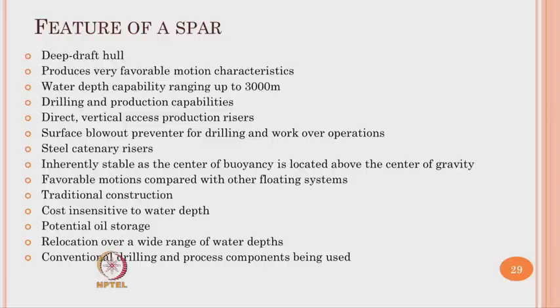It is inherently stable as the center of buoyancy is located much above the center of gravity. Favorable motions compared with other floating systems. Traditional construction, cost insensitive to the water depth, potential oil storage, relocation over a wide range of water depths, and conventional drilling and process equipment available on the platform.